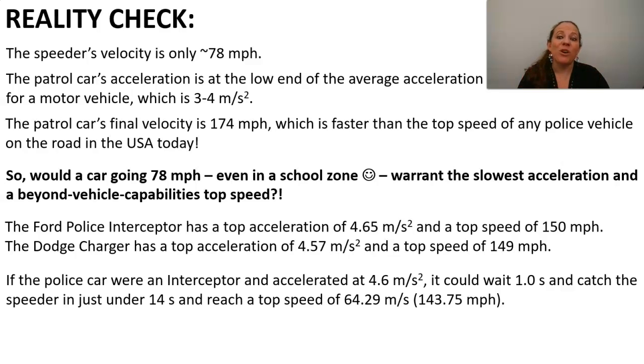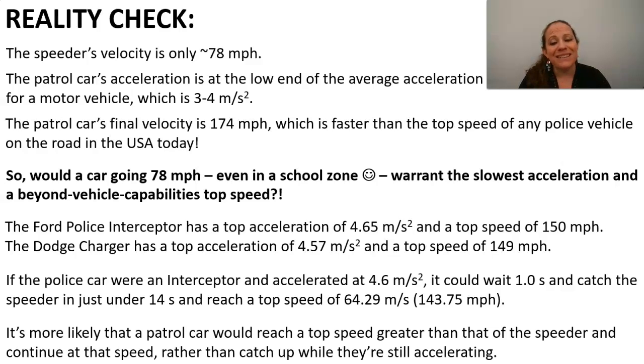So if this were an interceptor accelerating at 4.6 meters per second squared, our patrol car could wait 1 second and catch the speeder in just under 14 seconds, and they would reach a top speed of 64.29 meters per second, which is 143.75 miles per hour.